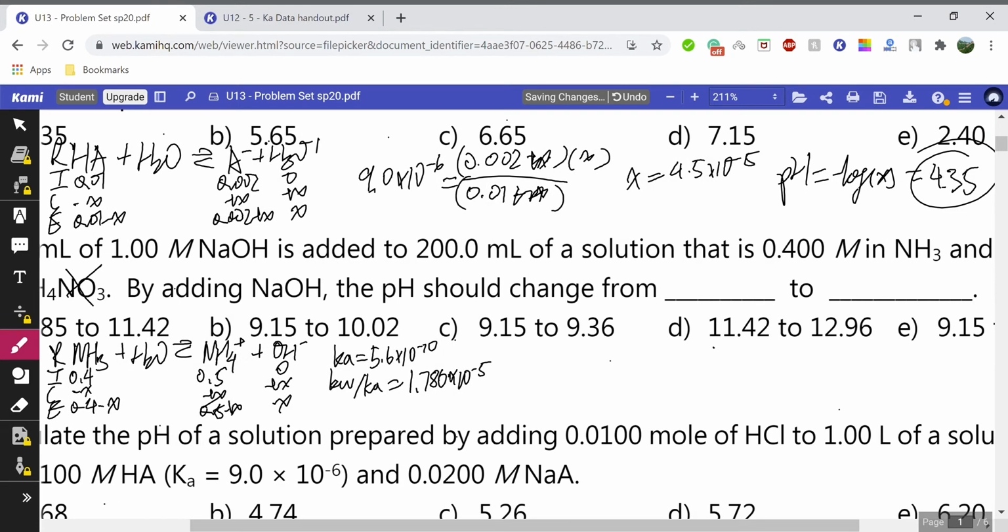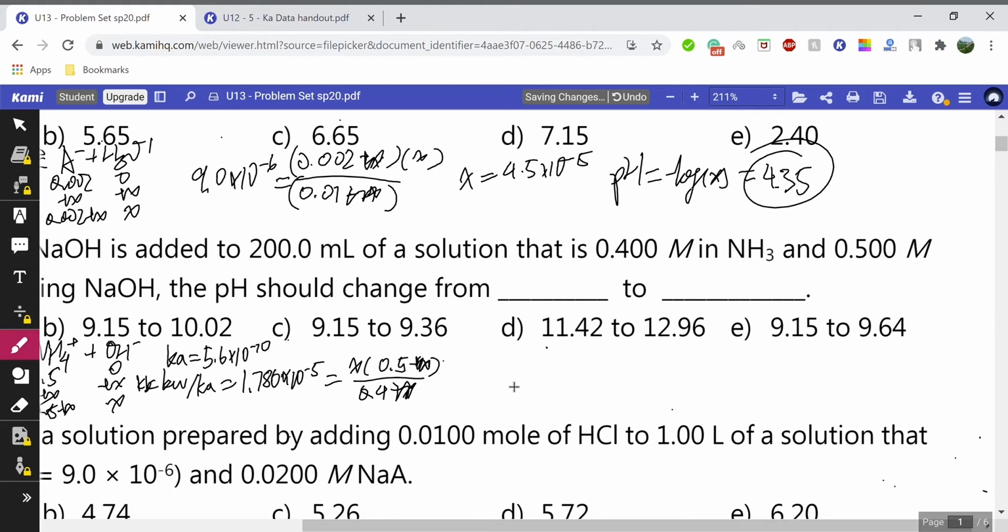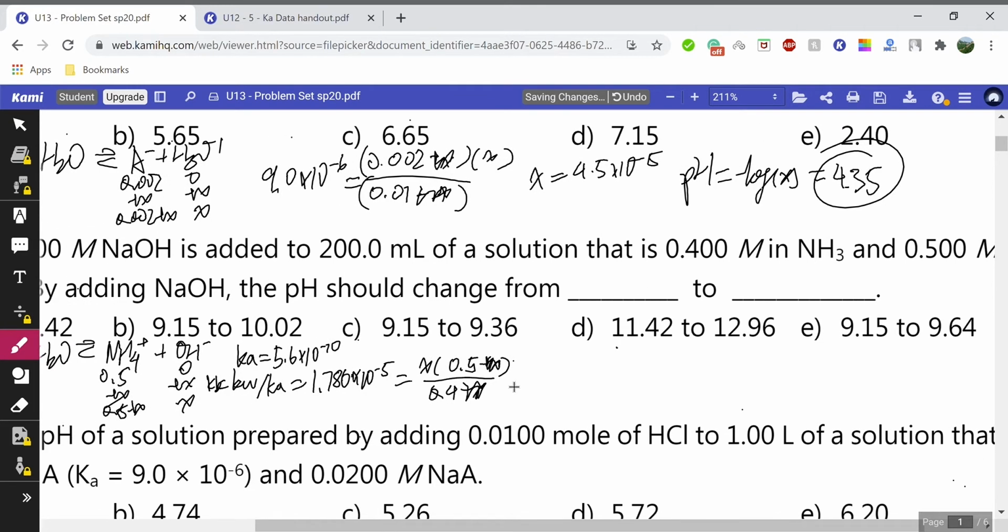Now that is Kb, which will be equal to x times 0.5 plus x divided by 0.4 minus x. X is small, so we can remove this and remove this. So our previous answer, times 0.4 divided by 0.5 will be equal to x. X is equal to 1.43 times 10 to the negative 5th power. But that is OH, so this is the concentration of OH minus.